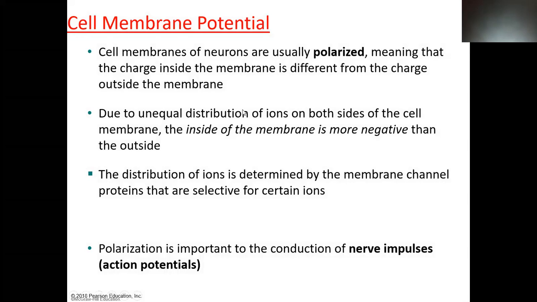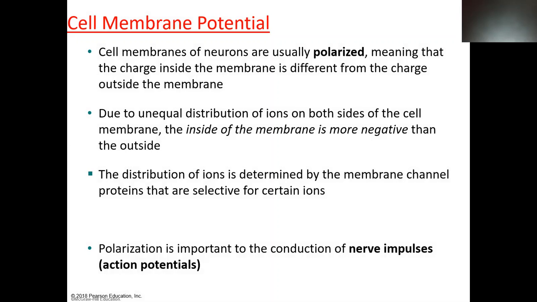Now, the inside being more negative, I want you to write down a little mnemonic on the inside of the cell: PIN. What this means is you have proteins, that's one of your P's. You have phosphate, that's another P. And you have potassium.